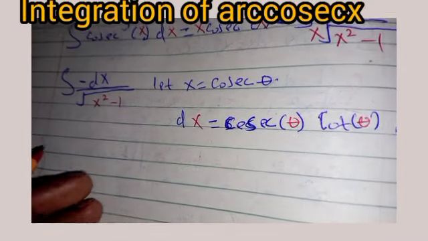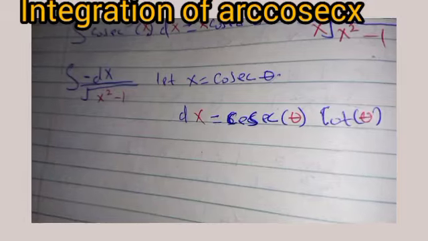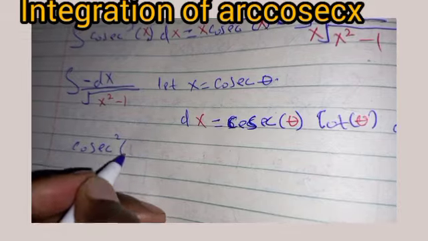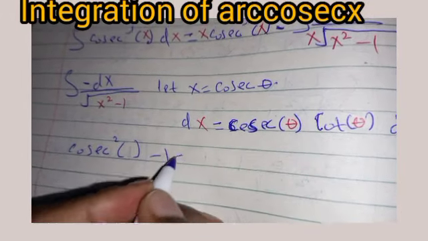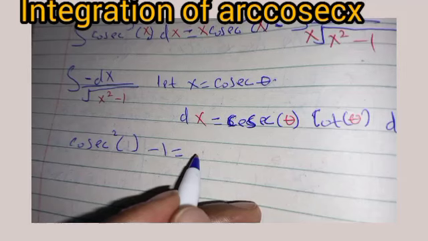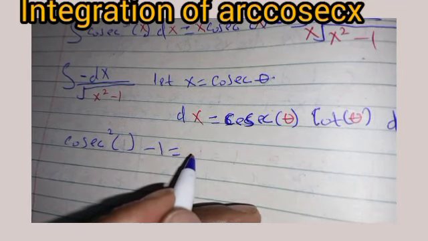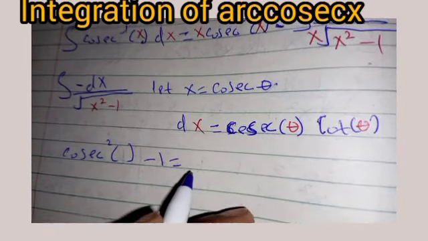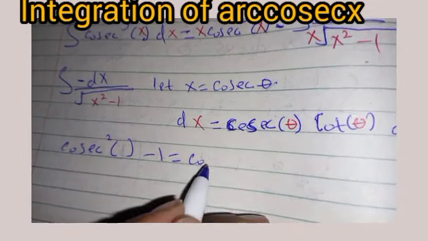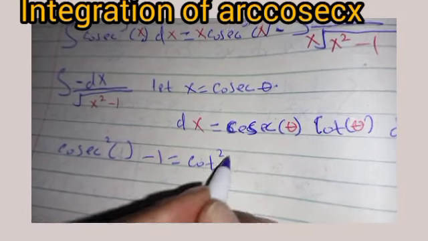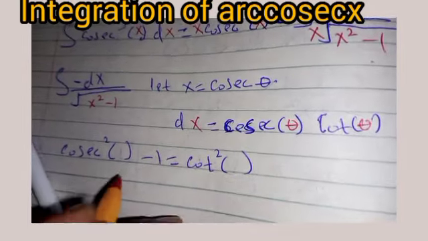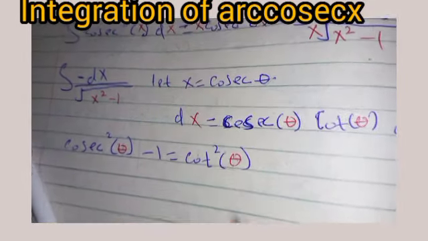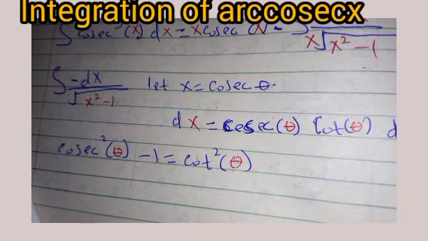Now we are going to make use of this identity, which tells us that cosec squared theta minus 1 is equal to cot squared of theta. So that is the identity we are going to make use of.